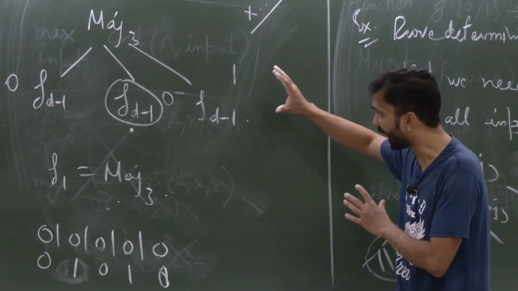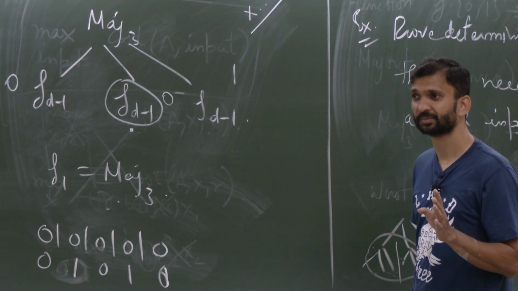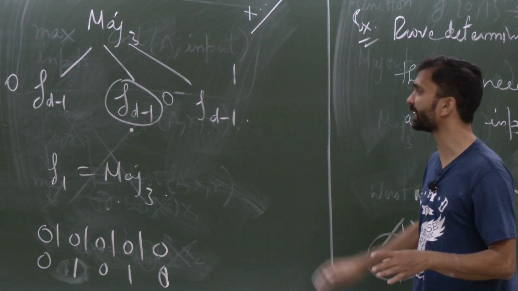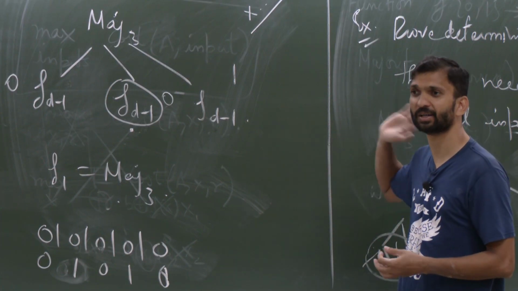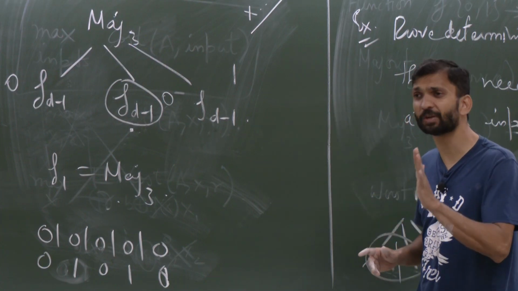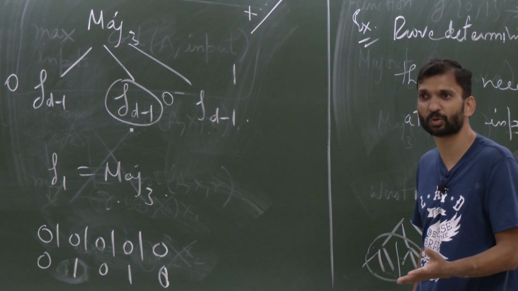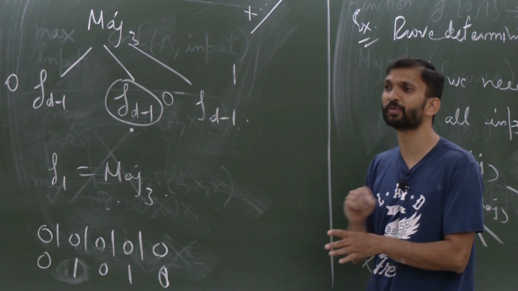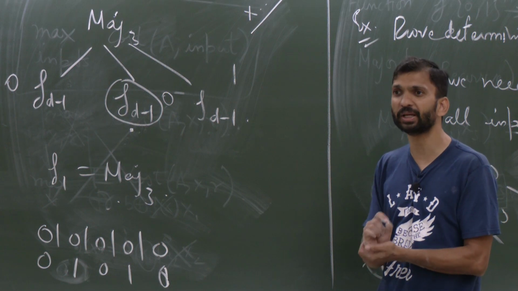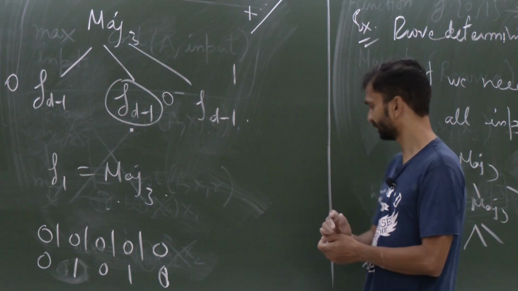Okay, we can write this argument down formally also if you want once the class ends. I think you should try to write it down. If not, I can write it down for you. But intuitively it is clear that we will require 3 to the power d, right? Whatever be your deterministic algorithm, there is some input on which it will fail if you look at even one less query than 3 to the power d, right?